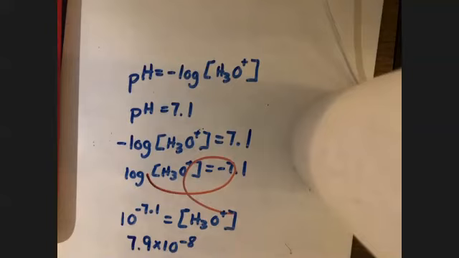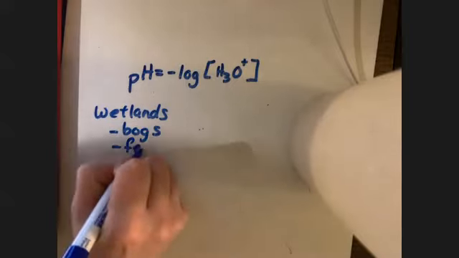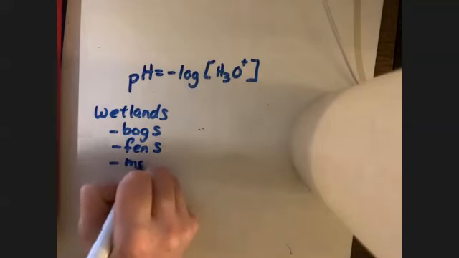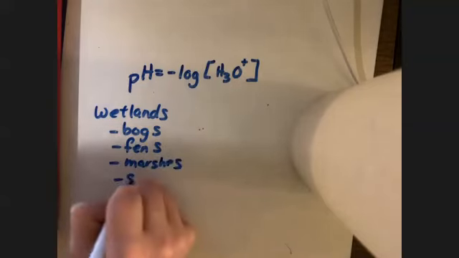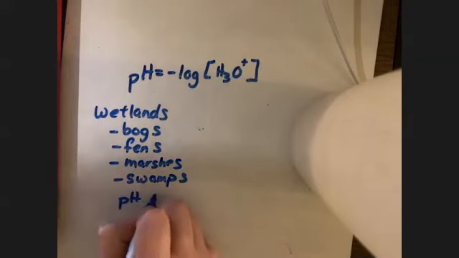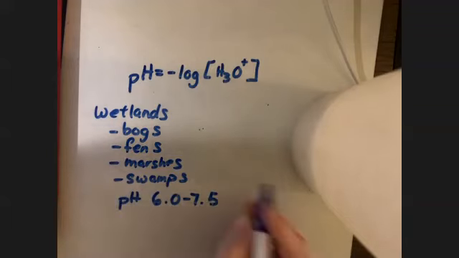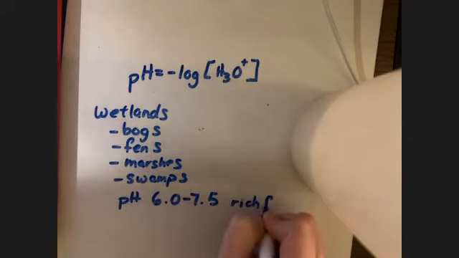Now, one of the things in this same application is that they talk about wetlands. Within wetlands, we have bogs, fens, marshes, and swamps. If we have a pH from 6.0 to 7.5, then it's what's called a rich fen.